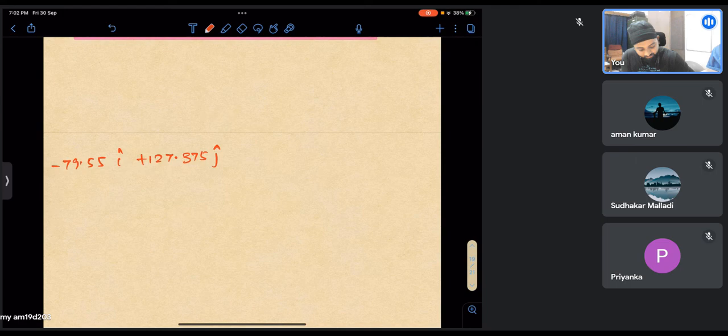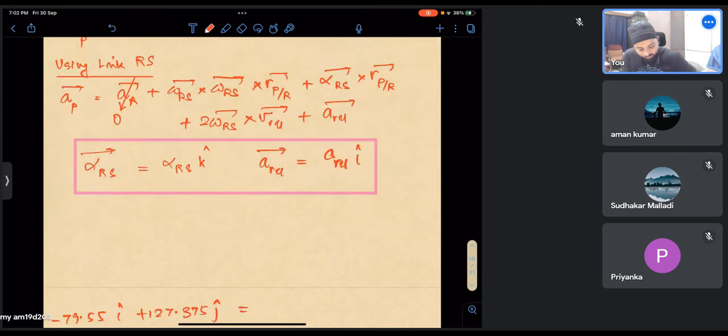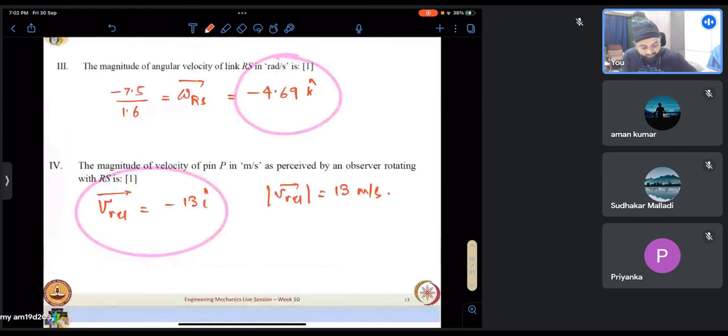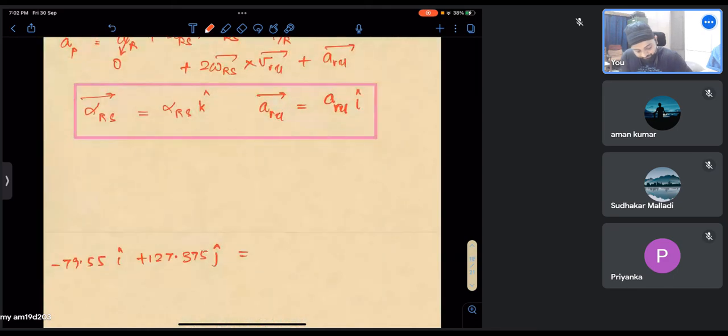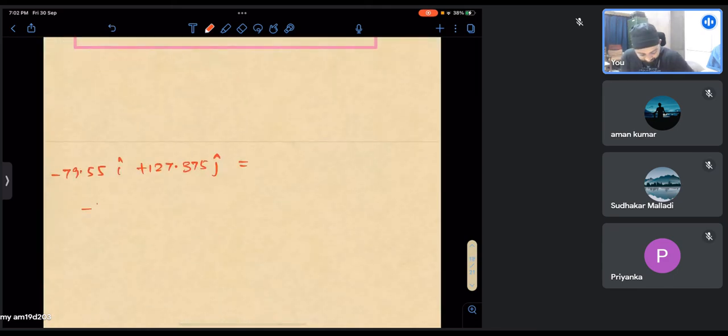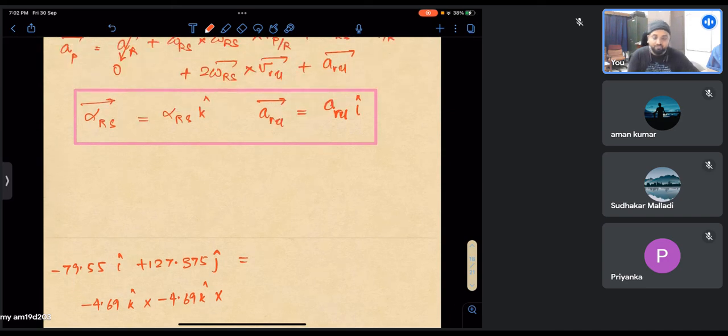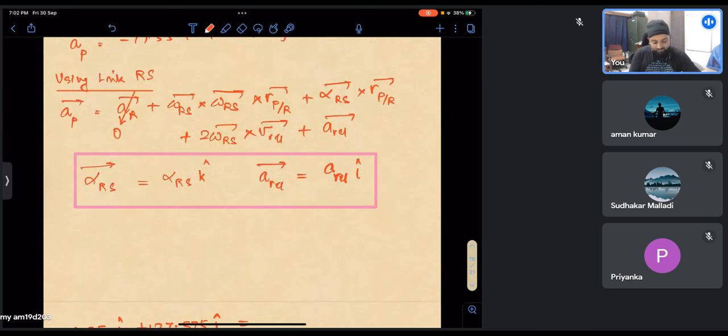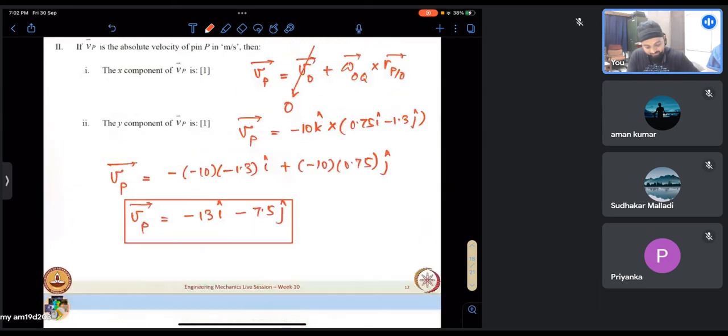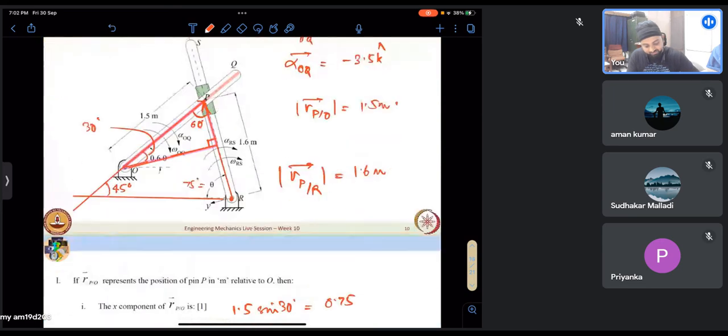This is AP, which is equal to omega RS, which we found out to be minus 4.69 K, cross, and what is RP with respect to R? The position vector. We know it is nothing but the distance and it is along the x-axis.